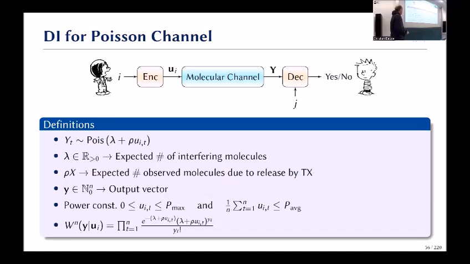We have rho x as the expected number of observed molecules due to the release by the transmitter, and Y^n is the output vector, with the power constraint. Now the probability to receive a Y when x is sent depends on the Poisson process.